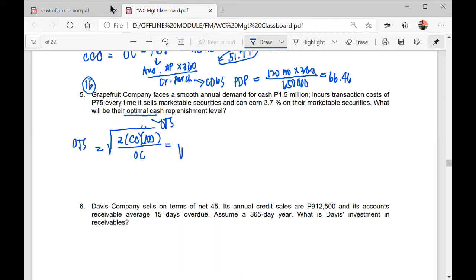So, substitute. What is our conversion cost? That's the transaction cost of 75, times annual demand of 1.5 million, over our opportunity cost of 3.7, so 0.037. Equals, what would be the answer? What is the final answer?